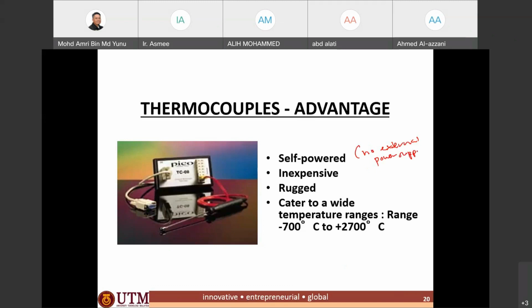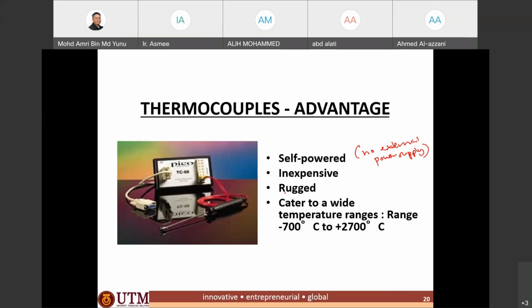So it does not require any external power supply, and it is relatively inexpensive as compared to other thermal sensing standards. The sensing structure is quite sturdy and tough because they are made of metals, wire, and alloy.